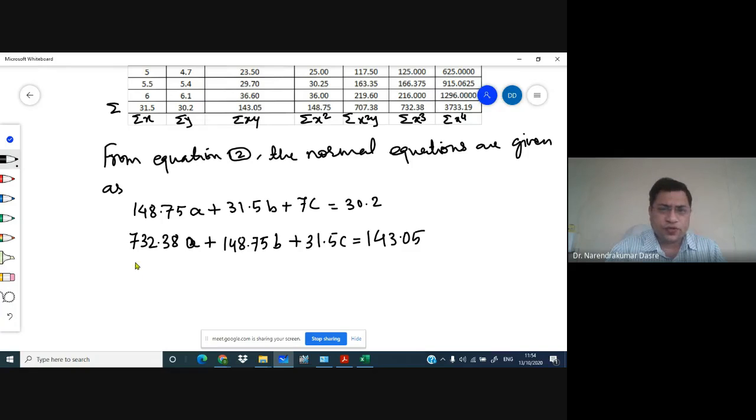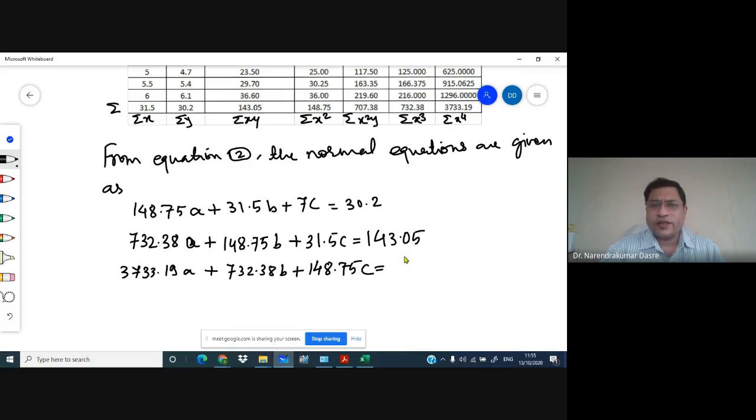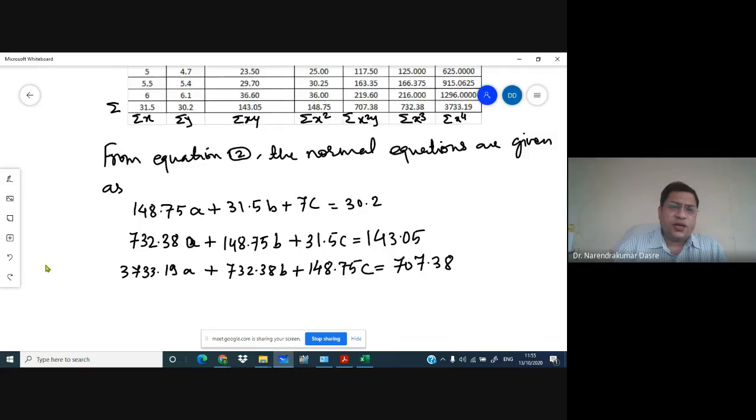Then we have x raised to 4, so 3733.19 times a plus 732.38 times b, and plus 148.75 times c, please be careful, is equal to summation x square y. So it is going to be 707.38.